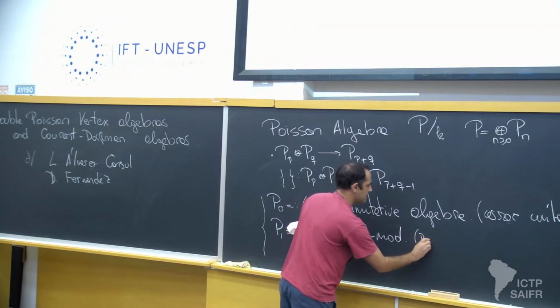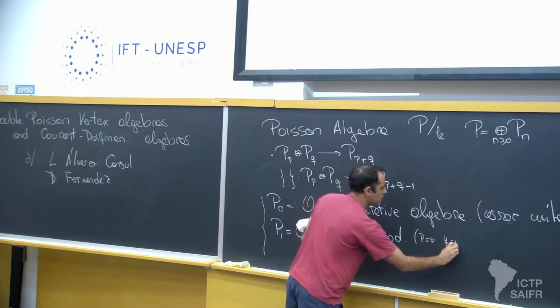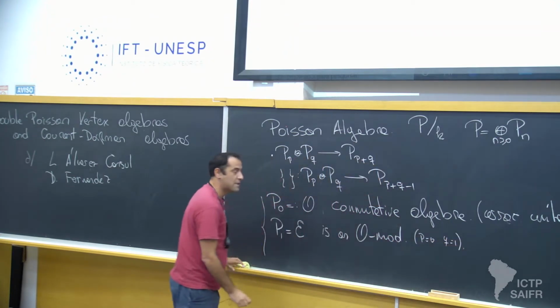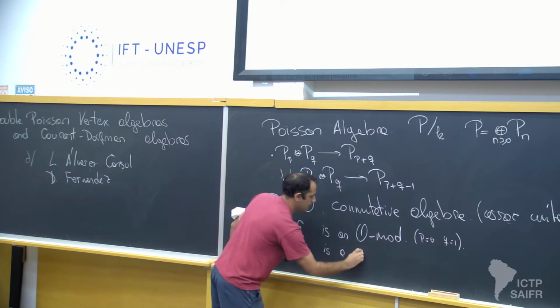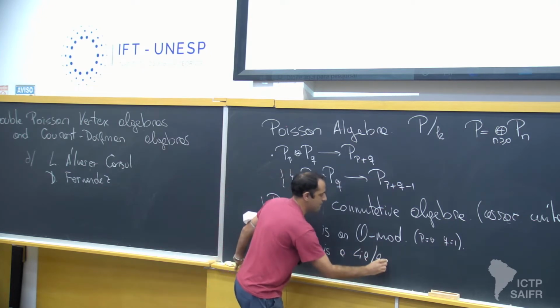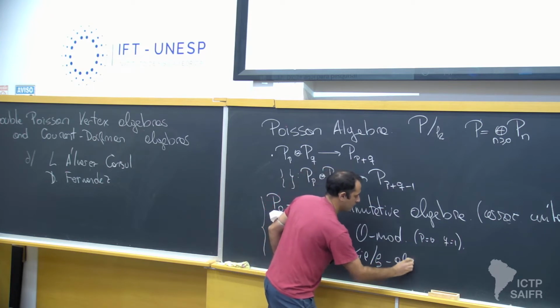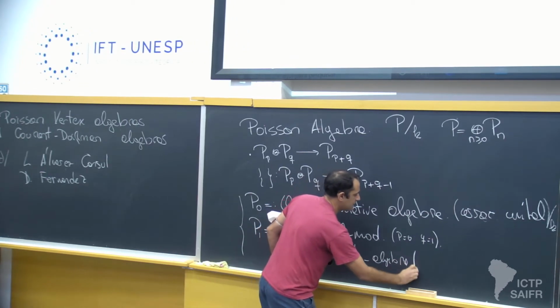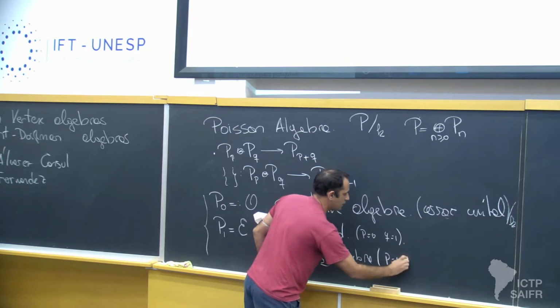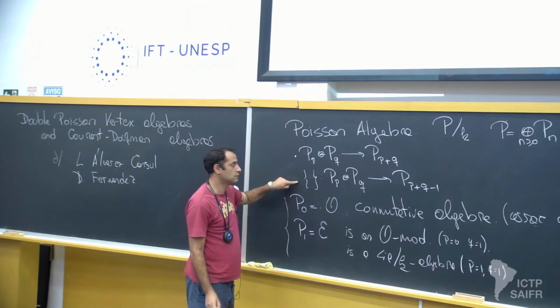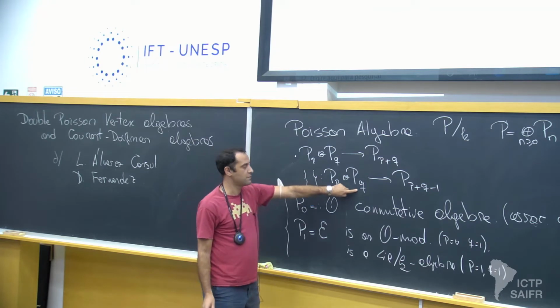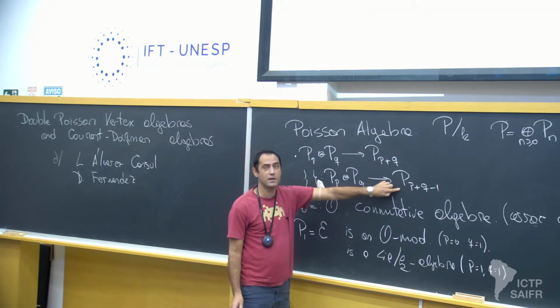But it's also a Lie algebra over K. This is the case P equal to 1 and Q equal to 1 in this identity here. If you grab something in P1 and take the bracket with something in P1, you land in P1.